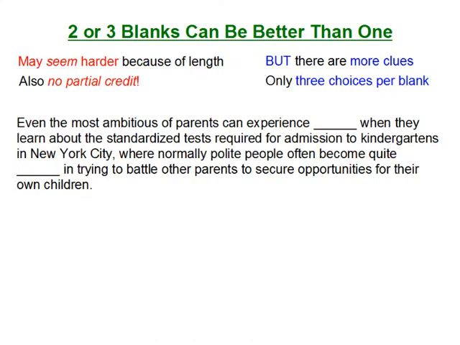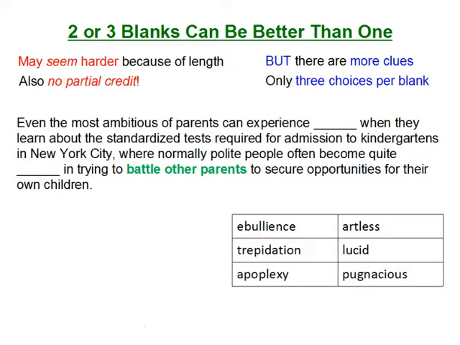Now, you might recognize in this situation, many people feel that the second blank is easier to do first because of this really colorful clue that we have presented there. So, in the first blank, even the most ambitious of parents can experience what when they learn about standardized tests? We really have no idea.